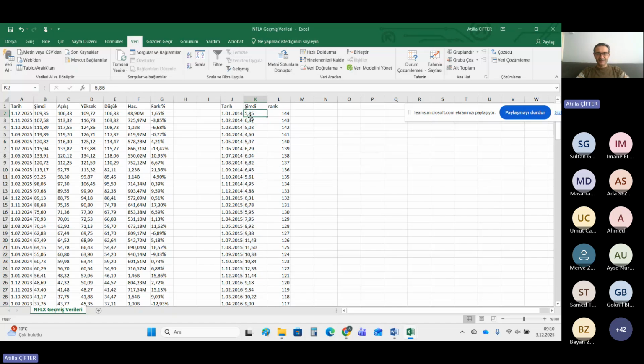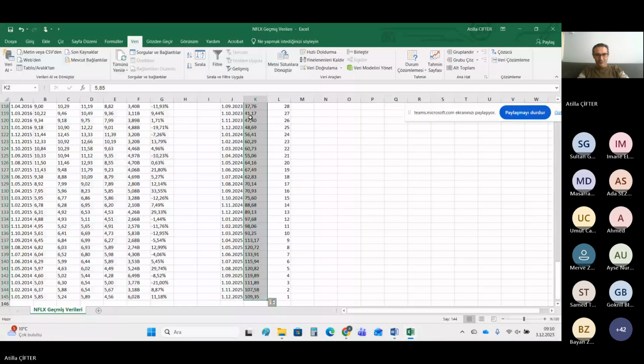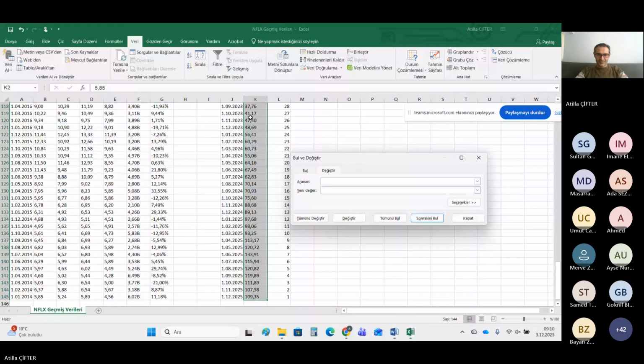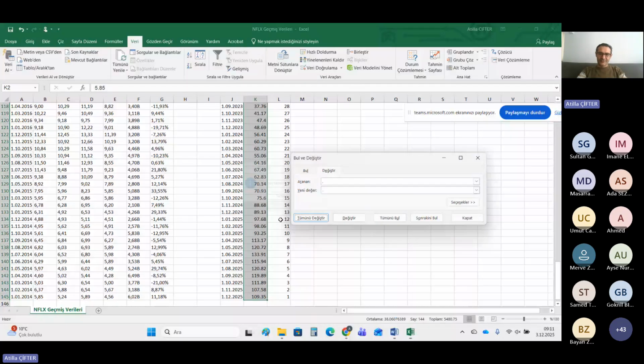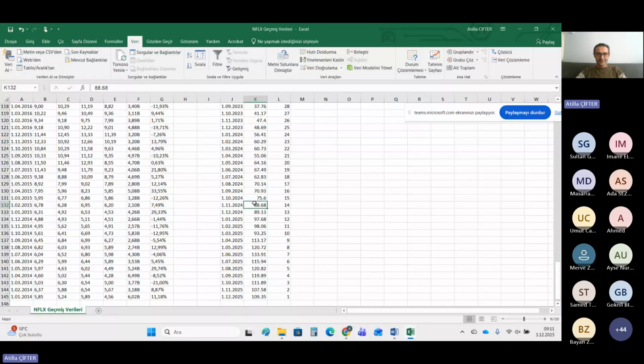And then now we have the data. But since I use dot instead of comma, I change it to numbers.